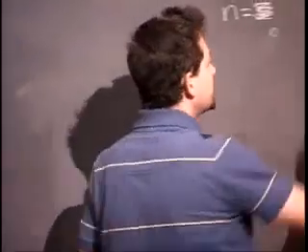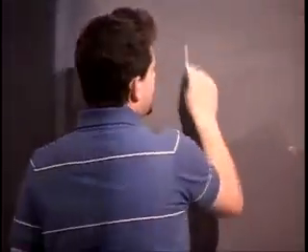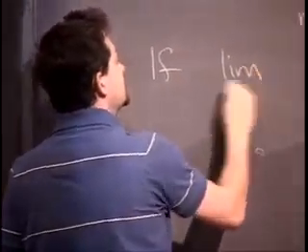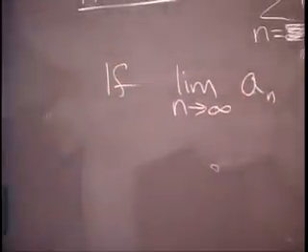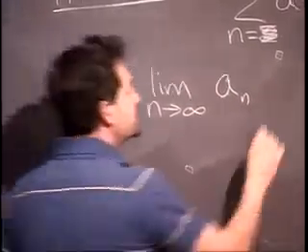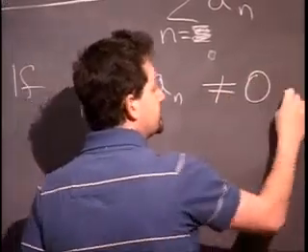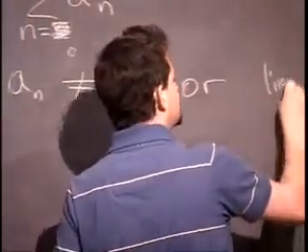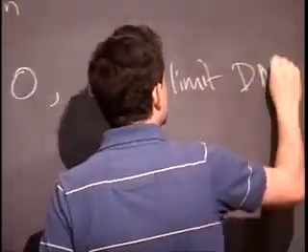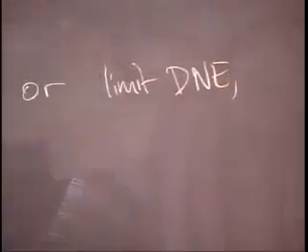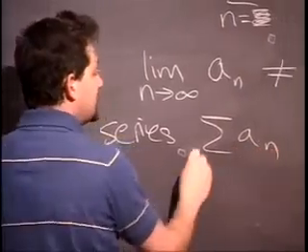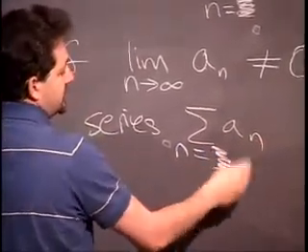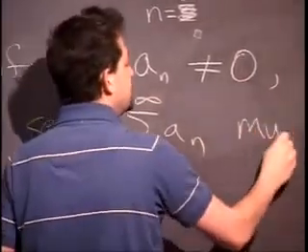So if you have this series here, here is the thing. If the limit of the terms, remember this is interpreted as my step sizes, is not 0, or the limit doesn't exist, the series that we're concerned about, n equals wherever, to infinity, must diverge.